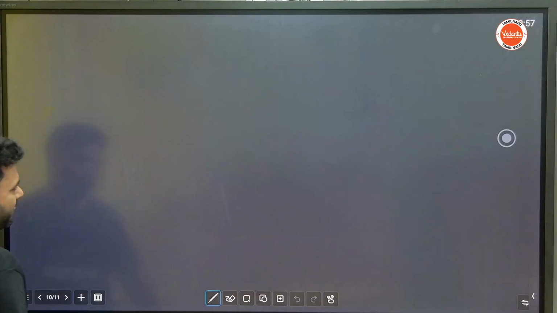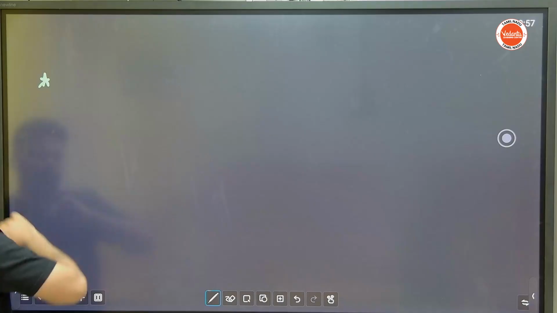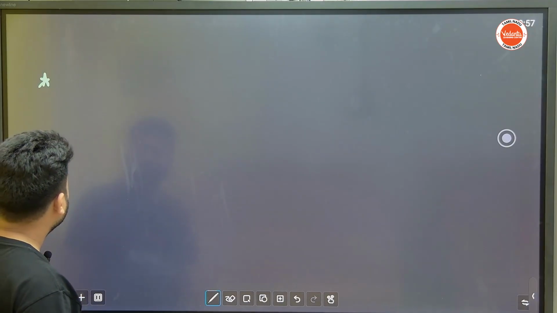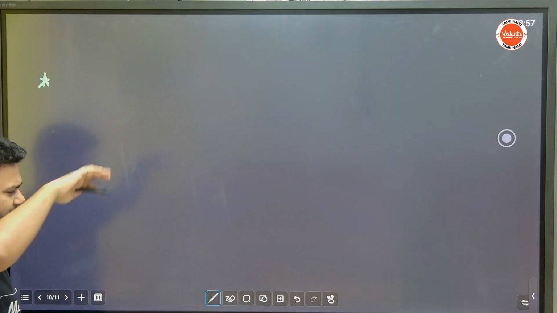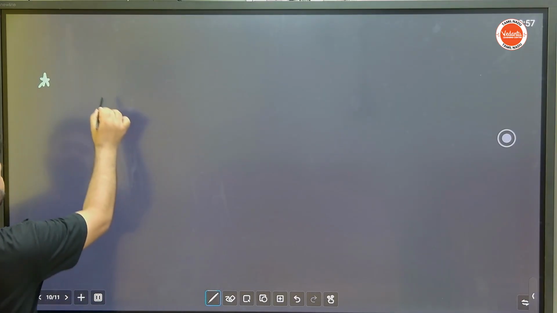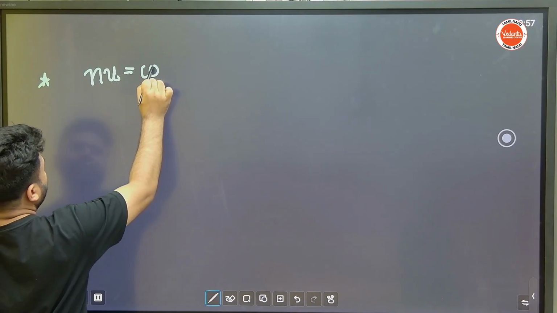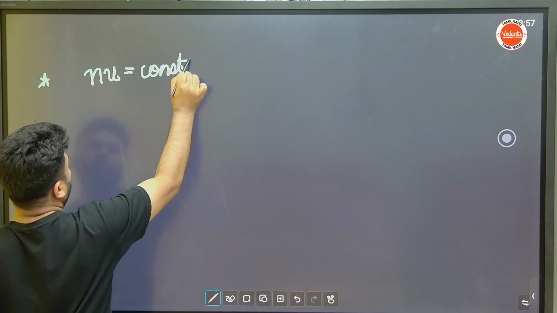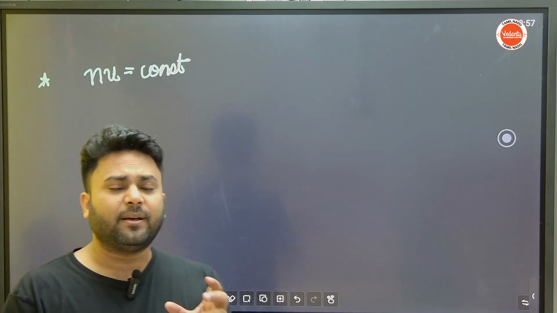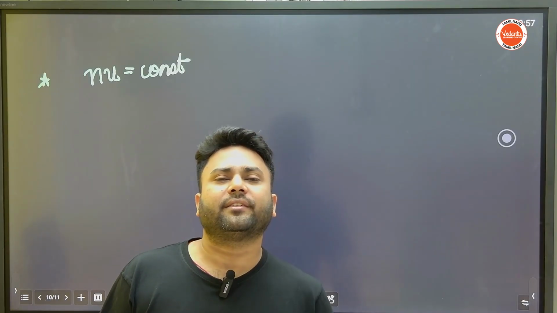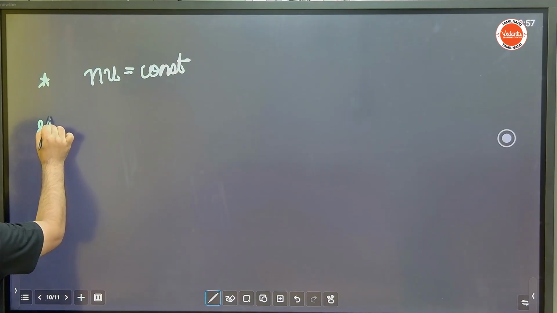Now see, for any quantity, we can write that N into U value is constant. Now what are this N and U? N is the number, U is the unit. For example, I am taking 5 meter so that you better understand.